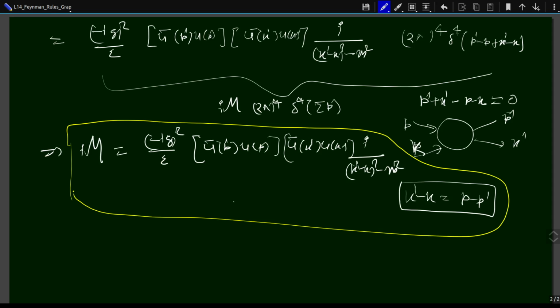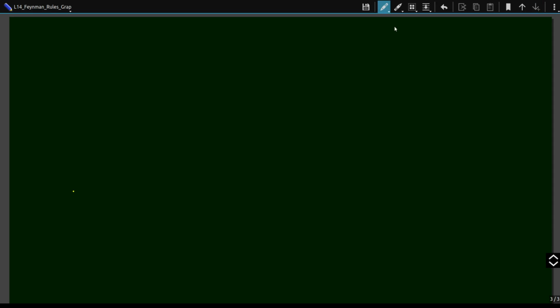So the question is: what are the Feynman rules for writing down this M, at least in the Yukawa theory? For this, we'll list things on the next page. So let me go and here say Feynman rules.